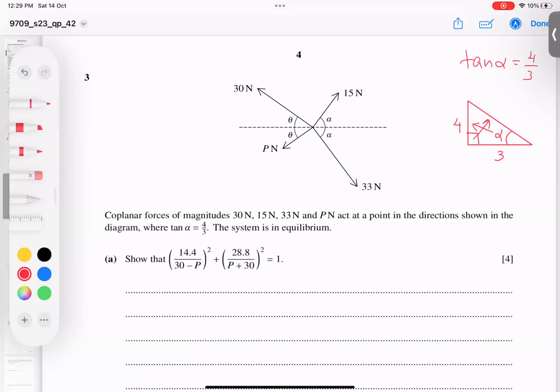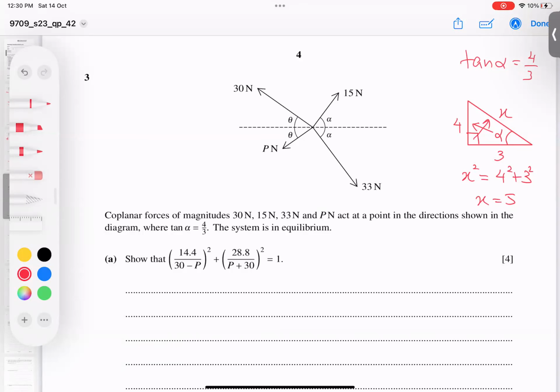Let's start. How to find this one? All of you know hypotenuse square equals opposite square plus adjacent square. So I'm writing like this. And if I take a root, I get 5. So this answer is very clear, 5.